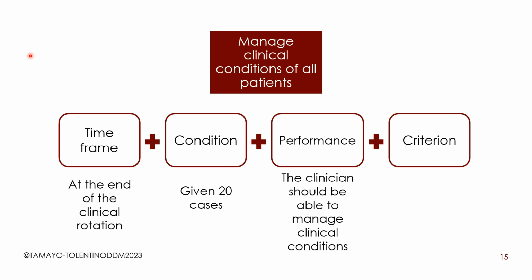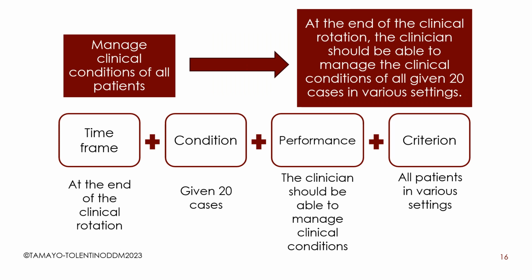It could be in terms of quality, accuracy, time, or it can also be in terms of quantity. So for example, all patients in various settings. Putting them all together, we will have the following outcome. At the end of the clinical rotation, the clinician should be able to manage the clinical conditions of all given 20 cases in various settings.